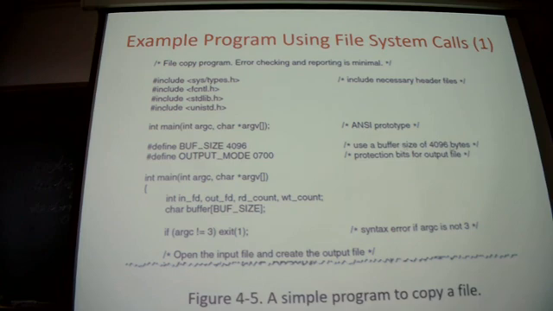This is the bytes, the size of the buffer. The second constant is just protection bits. Let's continue. We have declared buffer, and its size is 4096.